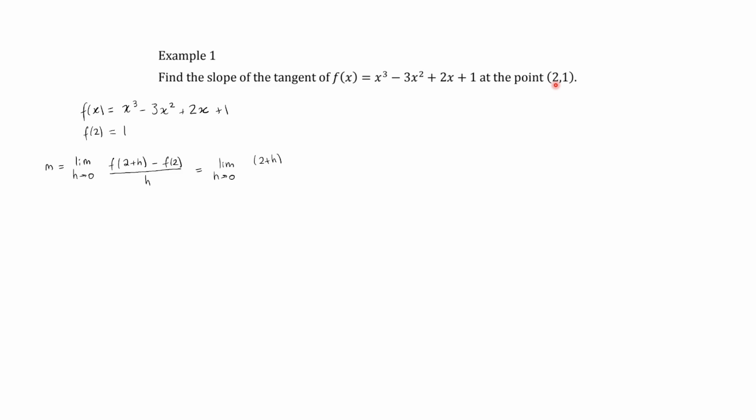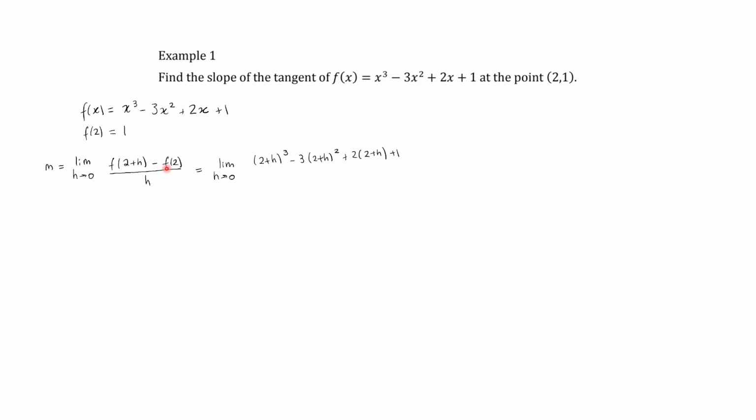2 plus h cubed. So now we are going to apply the function to what we have here inside of the bracket, right? So that's 2 plus h cubed minus 3 times 2 plus h squared plus 2 times 2 plus h plus 1, and now we have to subtract f of 2.